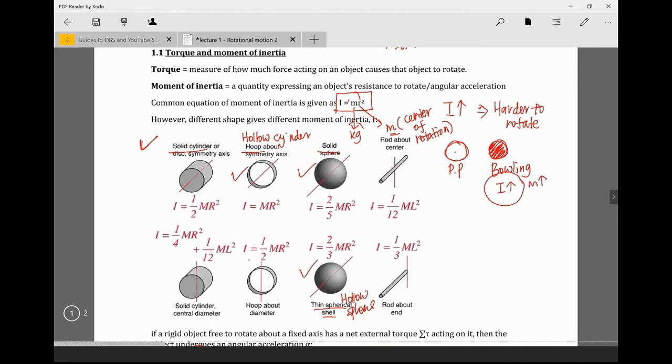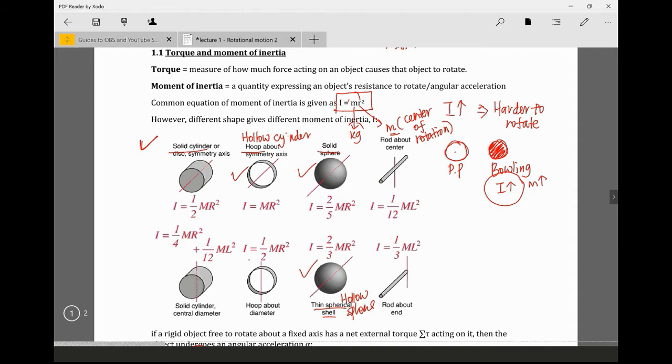Can you easily spin the bowling ball with just two fingers? Cannot. It's very heavy. Because bowling has higher moment of inertia, it is harder to rotate. But your ping pong is easier.